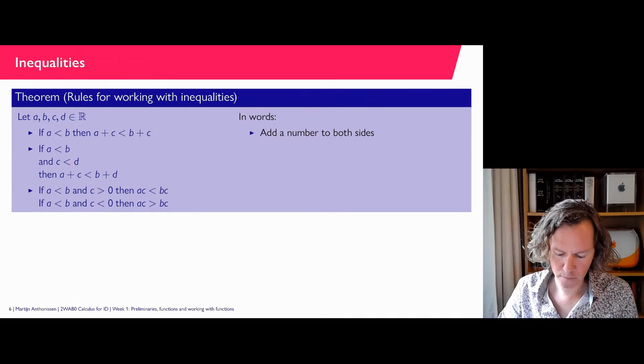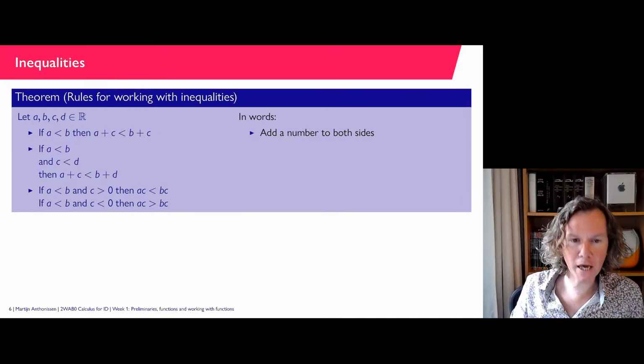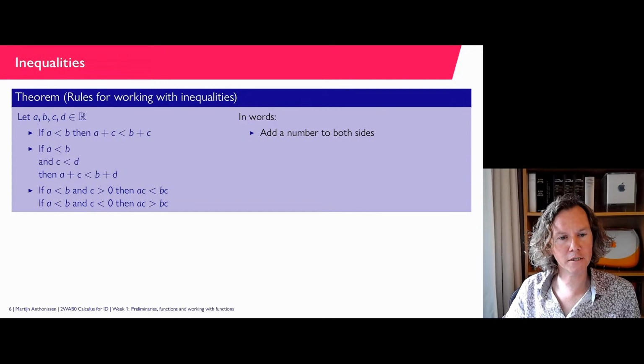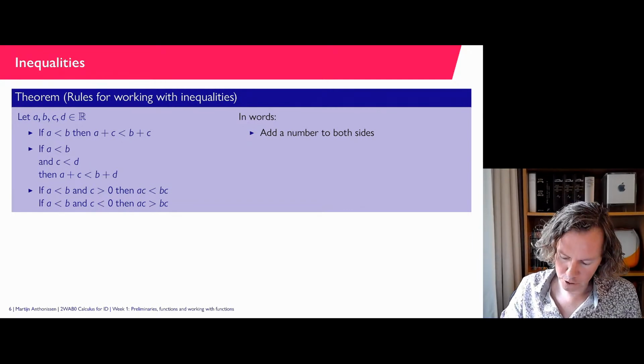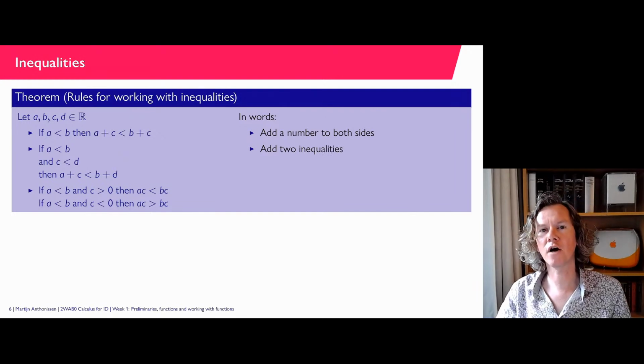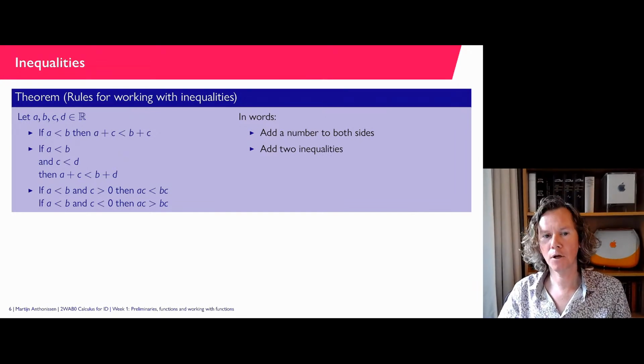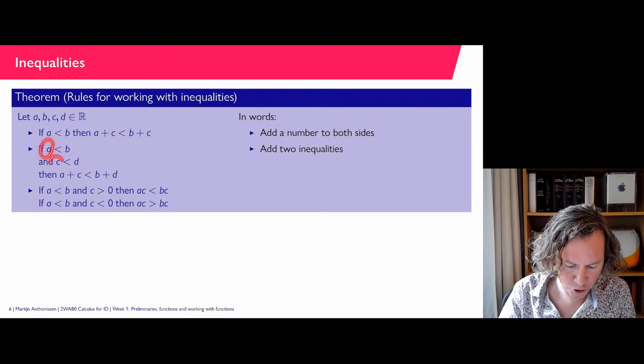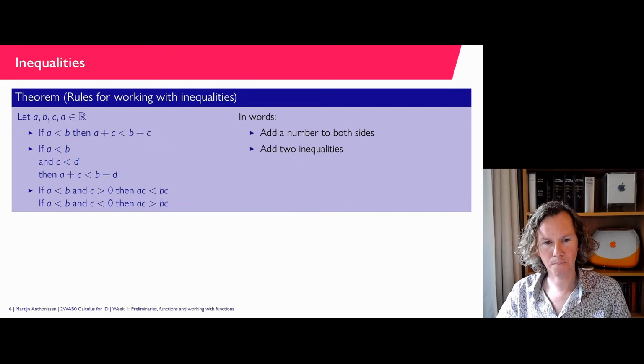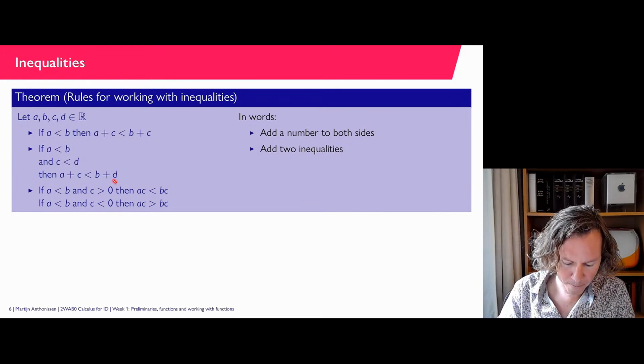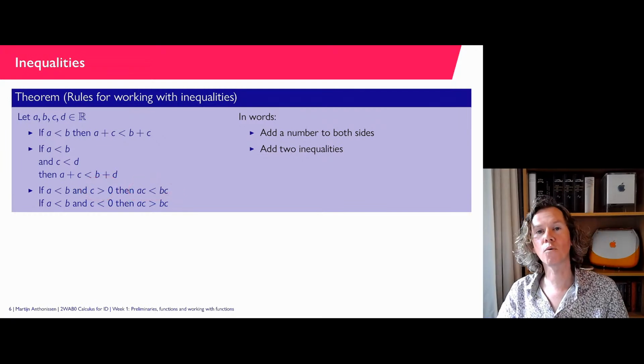Second one, if a is less than b and c is less than d, then a plus c is less than b plus d. So what it says is that if you have 2 inequalities, you can add them. You can add the a and the c together if you also do the same with the b and the d. Okay. Then the last one, and I already used that in the example that I just showed, if you have a positive number, then you can multiply the whole inequality with that.